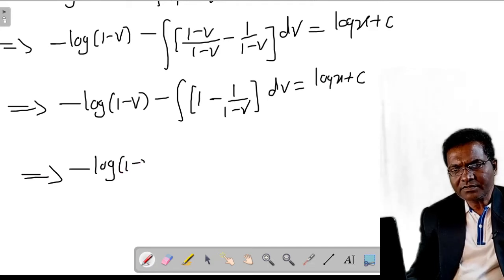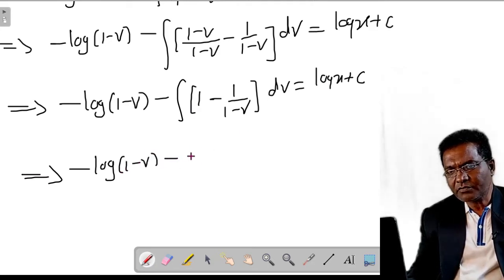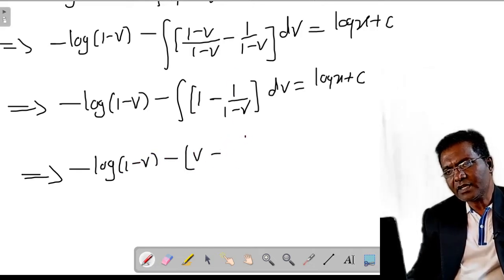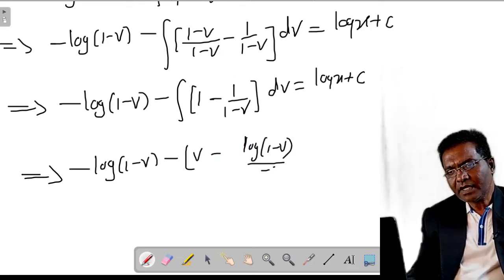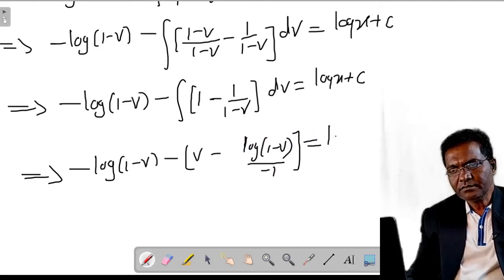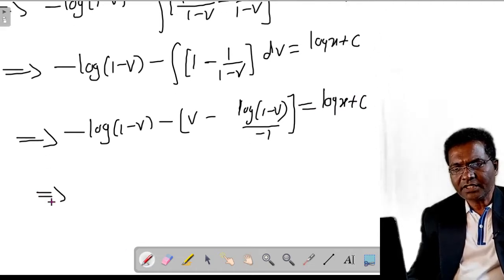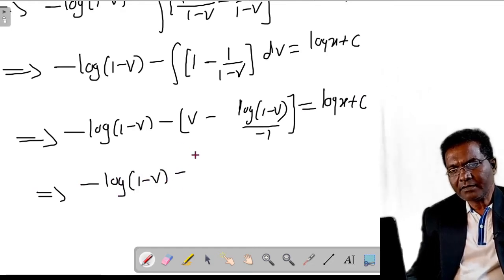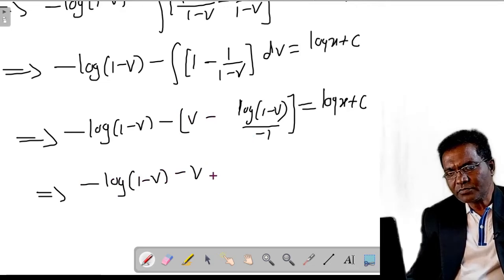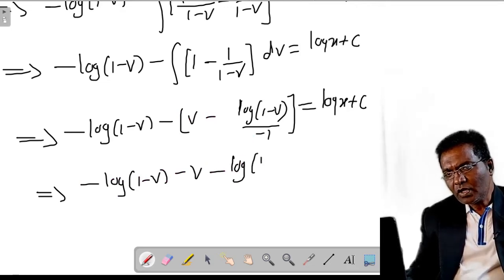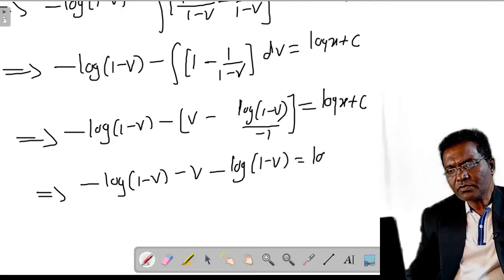Minus log of 1 minus v, the integration of 1 with respect to v is v, minus the integration of this, as earlier, again we get log of (1 minus v) by minus 1, equals log x plus c. So that gives you minus of log of 1 minus v, open the bracket, minus v, minus into minus plus, plus into minus, minus log of 1 minus v equals log x plus c.